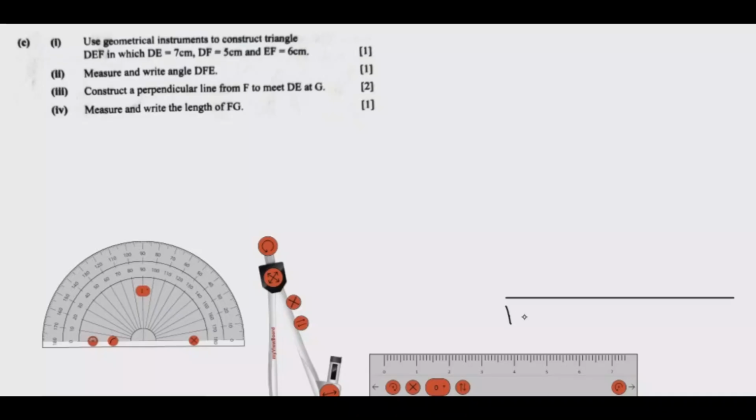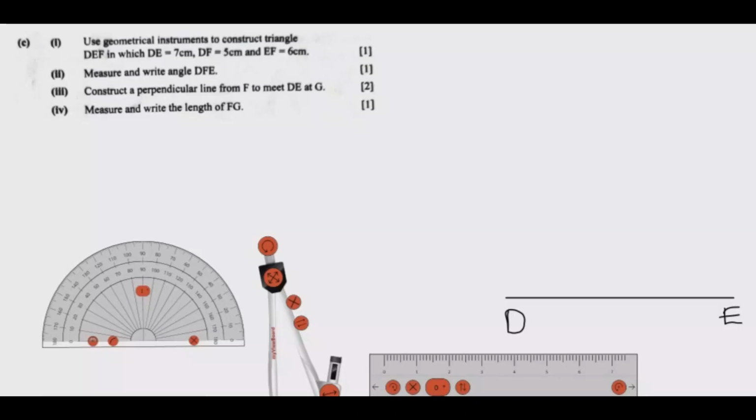So I'm going to write D here, and here I'm going to write E. I'm sure you're aware that this is D, not B.